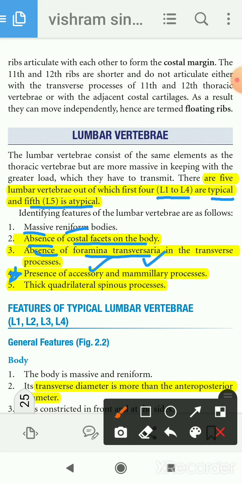These two features are absent in the rest of the vertebrae. So the accessory process and the mammillary process are very special for the lumbar vertebra. And the spinous process of the lumbar vertebra is thick and quadrilateral in shape.